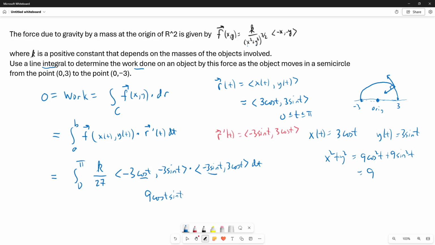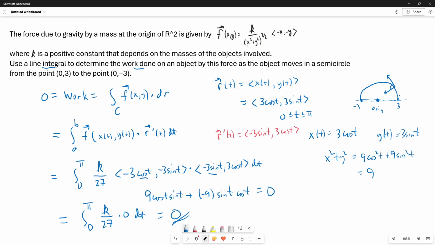Plus negative 3 times 3 is negative 9, and we have a sine t and a cosine t. These are opposites, so this dot product is 0, and so we are integrating from 0 to pi a constant times 0, so we're just integrating 0, and that'll give us 0.